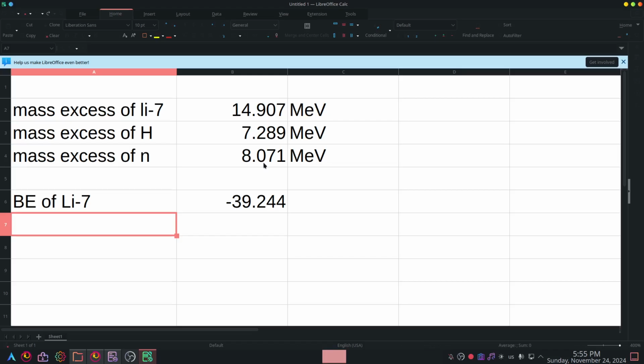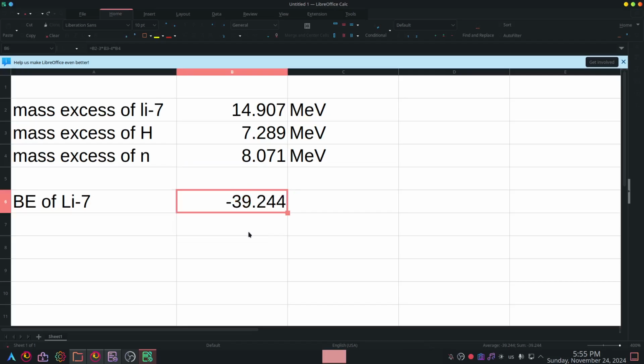So yeah, you're comparing the mass difference between the lithium 7 and the protons and neutrons.